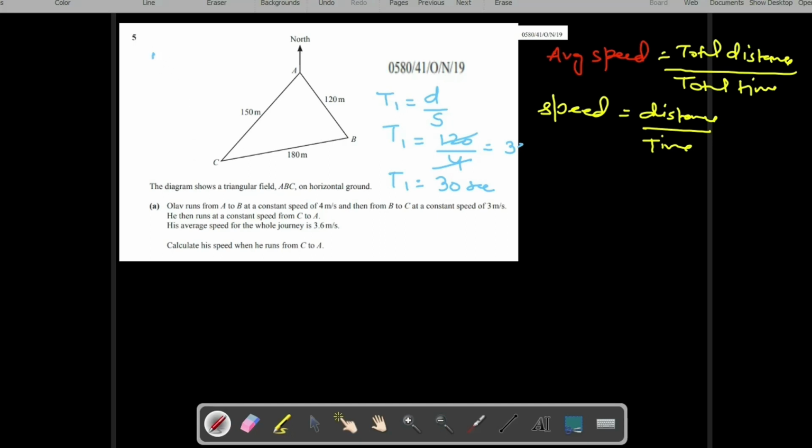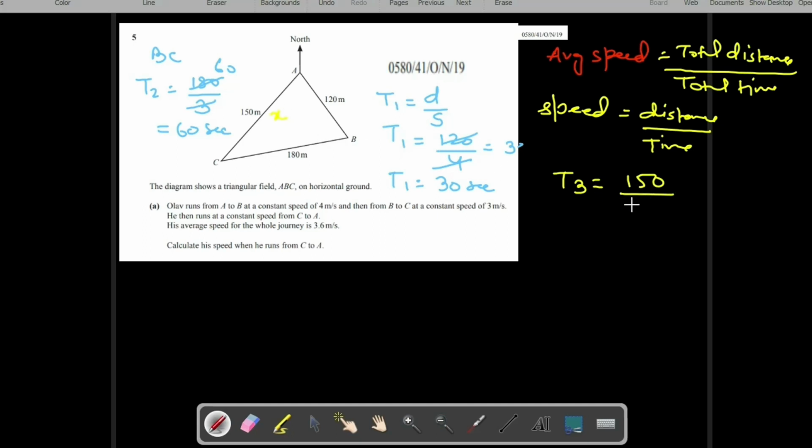Now similarly for B to C, time t2 is distance 180 upon speed 3, so 60 seconds. Now we have t2 as well. Now t3 is distance, which is 150, upon speed, which we don't know.